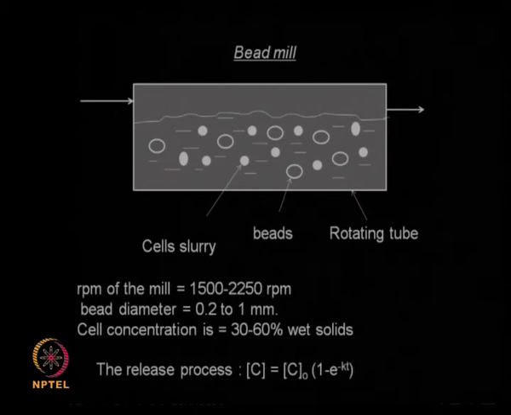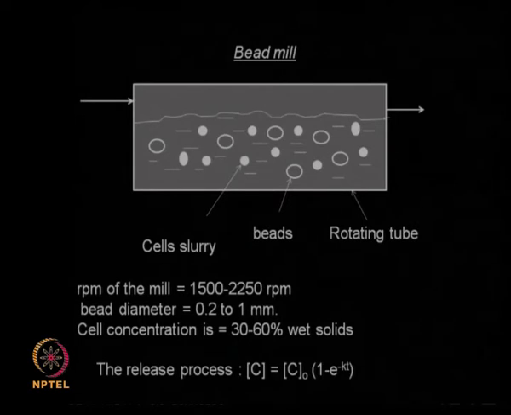If you take ceramic, ceramic is pretty tough, and it can impart a shear to the surface of the microorganism, so it may be useful for very tough walls. If you want a lot of force, then you may go for metallic type of beads like stainless steel or iron. It can handle cell concentrations of about 30 to 60% wet solids, so it can process quite a lot of material.